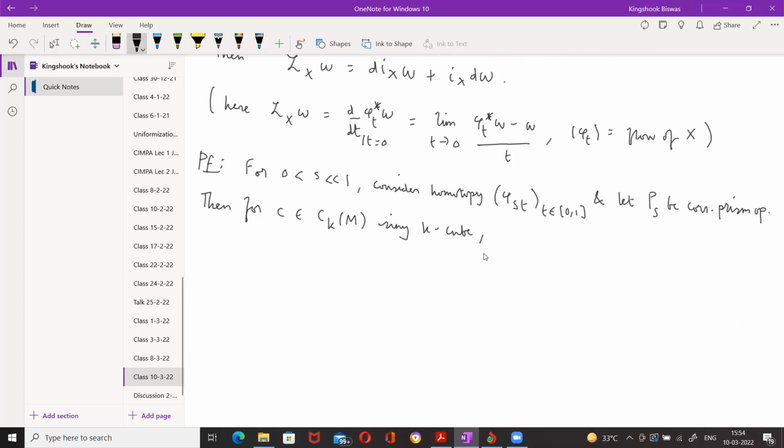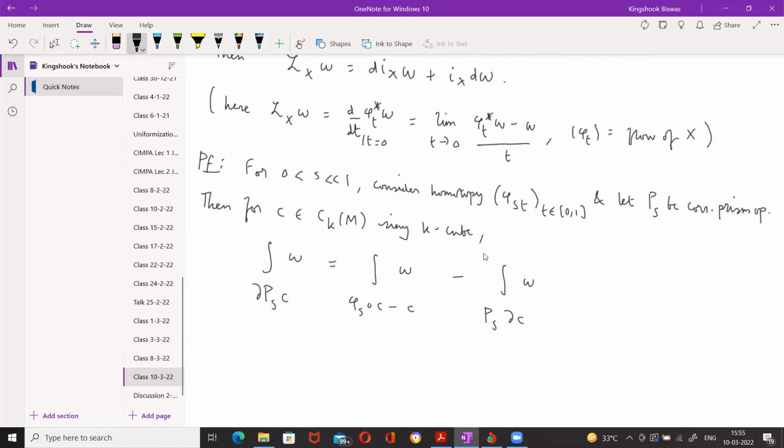So I can integrate omega over that, right? So I have the integral of omega over the boundary of P_s of c, and I know what the boundary of P_s of c is. This will be g c minus f c, where g is phi_s and f is the identity. So this will be the integral over phi_s c minus c of omega, minus the integral over P_s of the boundary of c of omega, right?